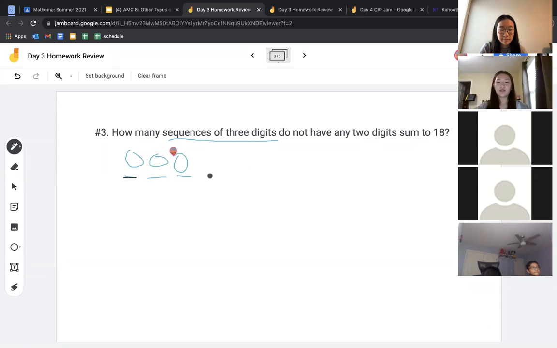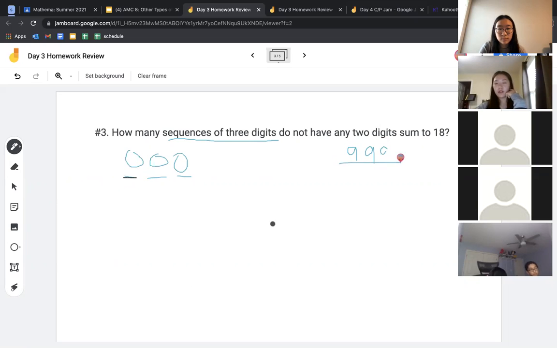So it's not a number. Now we know that the only way to get 2 digits to sum to 18 is to have them both be 9s, right? So then we know our sequence has to have at least 2 9s. But we also know that one of the possibilities is that it's just 999.